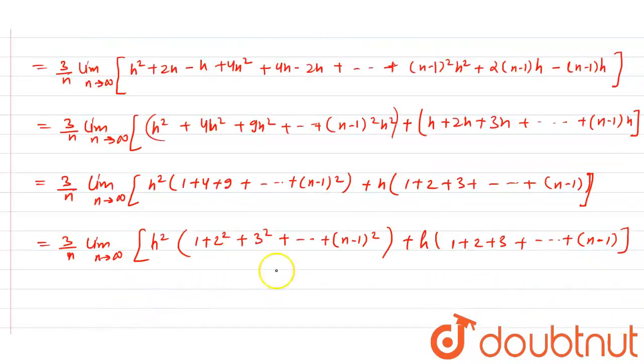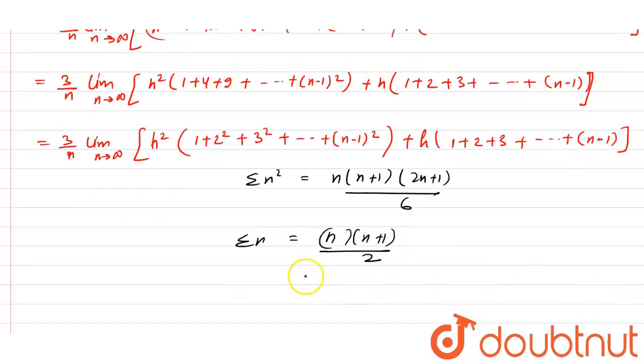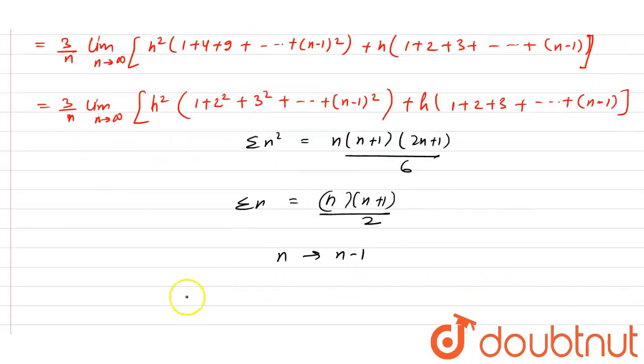Now we know a formula that summation of n square is equal to n into n plus 1 into 2n plus 1 divided by 6, and summation of n is equal to n into n plus 1 divided by 2. But in the above expression we have n minus 1 in place of n, so we replace n with n minus 1.